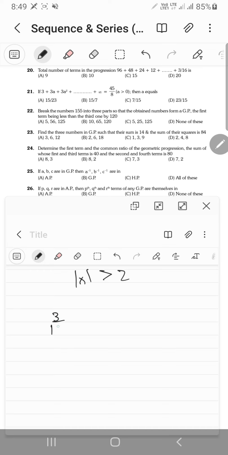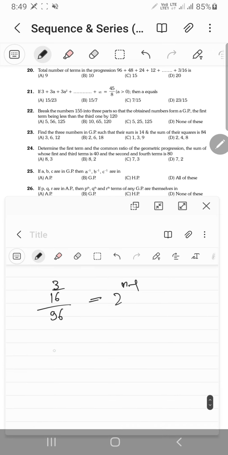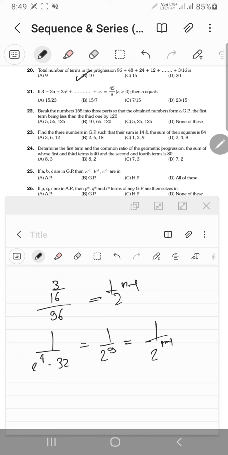So 3 upon 16 upon 96, that's 2 to the power of n minus 1, and this is like 1 upon 2 power 4 into 32, which is 1 upon 2 power 4 into 2 power 5, which is 2 power 9. Oh, it should be 1 by 2, so this is 1 upon 2 power n minus 1, so n minus 1 is 9 and n is 10.